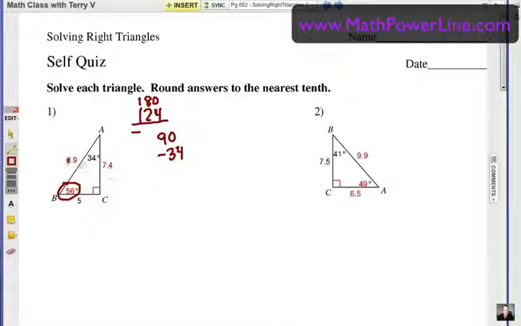Now, as far as these two missing sides, the leg and the hypotenuse, we have to do some trig. So here is my reference angle. We know it's 34 degrees. And from that, we're going to use this 5 leg, which is opposite from that angle, right? Now we can do opposite over hypotenuse, which is the sine function, or opposite over adjacent, which would be the tangent function. The first choice was sine.